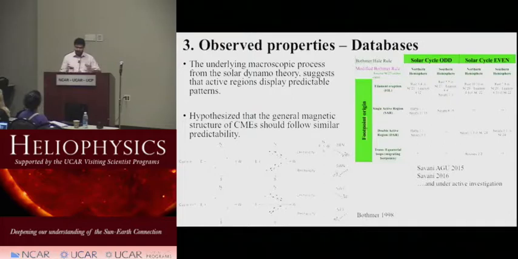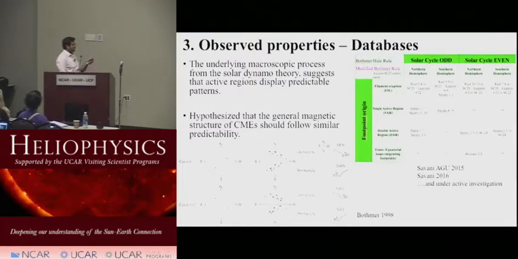Going quickly back to the solar surface, what are some of the characteristics in terms of solar cycle variations that we notice? This is something that people will start talking about a lot more in the next few years, as people try to predict the magnetic field of CMEs for forecasting purposes.